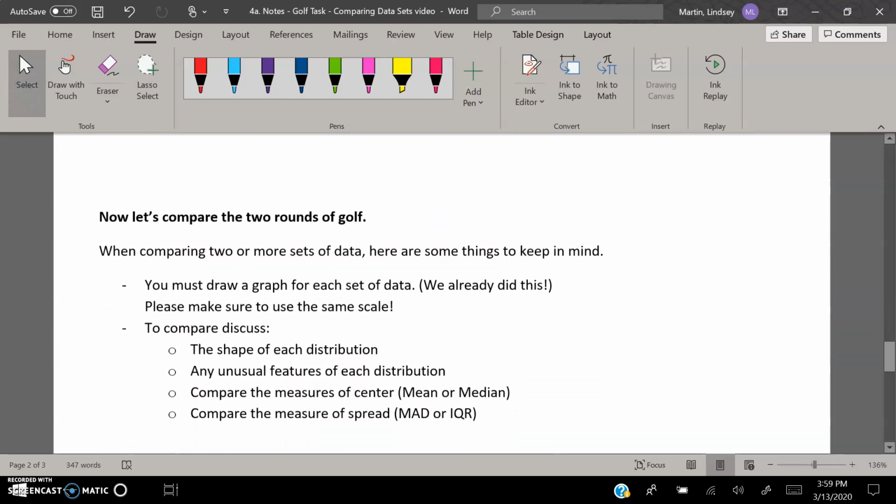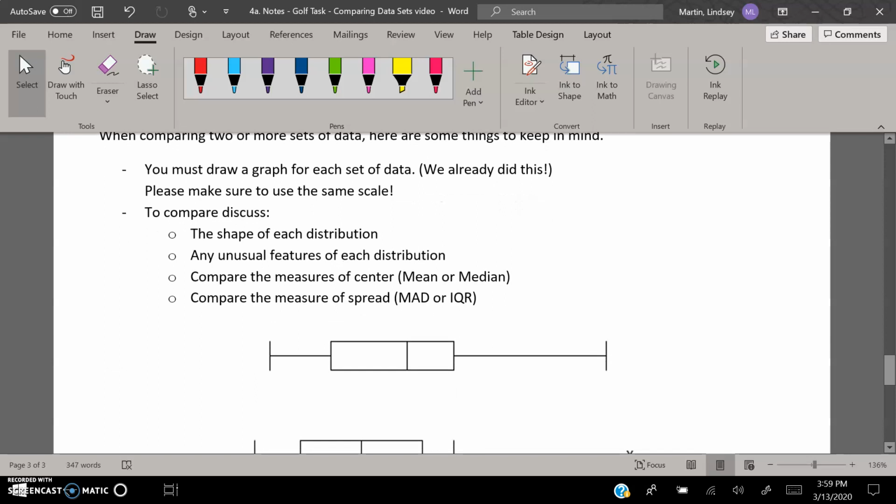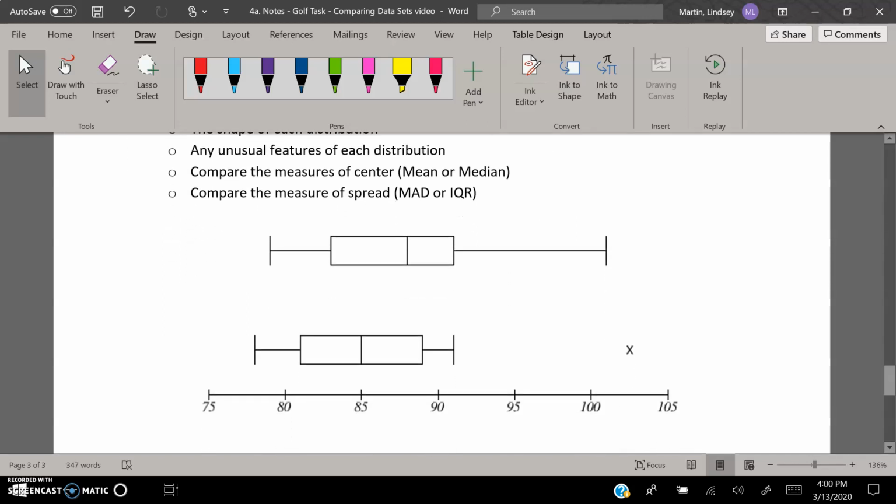Finally, we want to go to the next page and compare our data. So we'll compare our data by using the shape, notating any unusual features, comparing the measures of center, and comparing the measures of spread. The top graph is going to represent round 1, and the bottom graph is going to represent round 2.